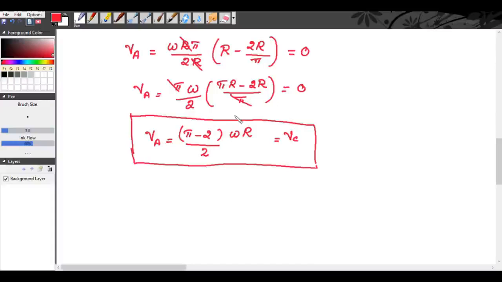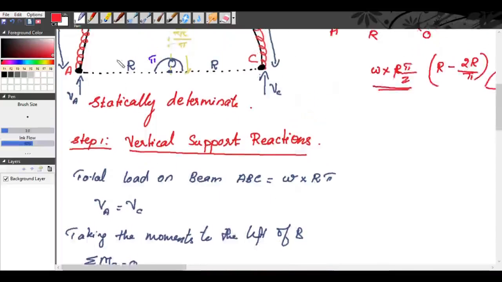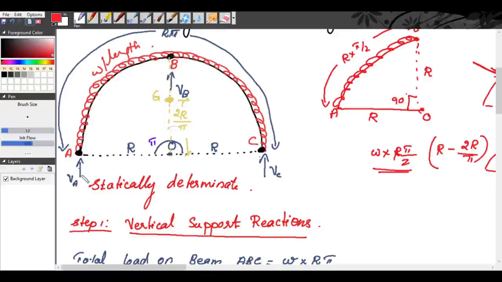Okay. So now we have found out the vertical reactions VA and VC. Now what is the vertical reaction at B? So upward reactions is equal to downward loads. So VA plus VB plus VC is equal to the total load.